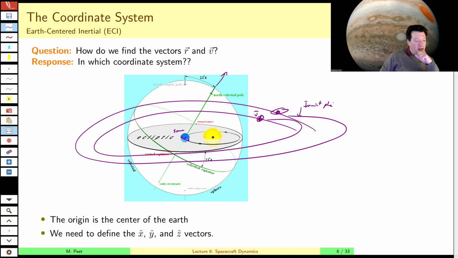Okay. And so, if you're in space, floating around here, let's say you're this spacecraft over here, right? And you're just looking out at the stars. How do you know which way is the x hat direction?